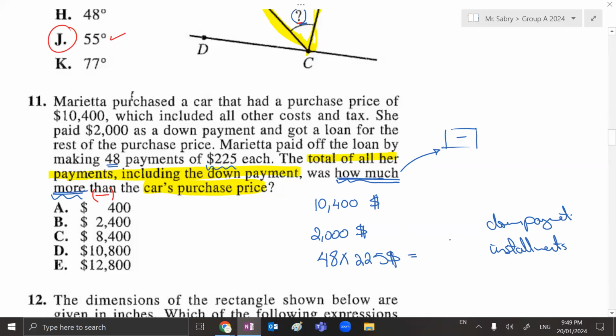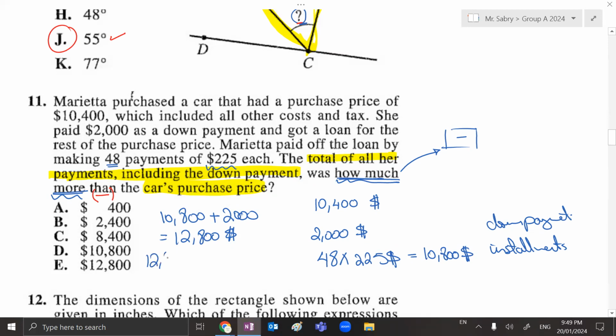The total of all her payments is 48, as we said, multiplied by 225, which is $10,800. That's the installments, not including the down payment. So I'll add to 10,800 a down payment of 2,000, which will give me 12,800 in total. That's the first part, the total of all her payments including the down payment.